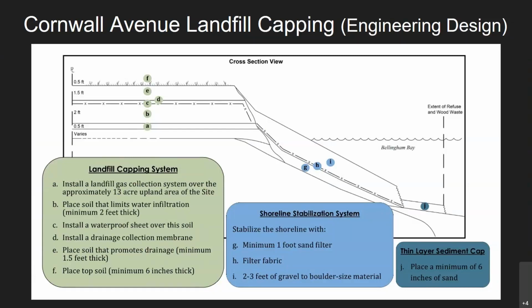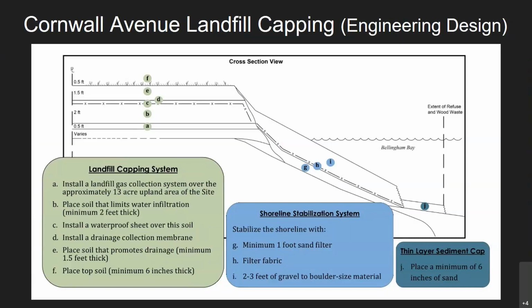And it basically involves a series of engineered lifts over the waste, including soil, an impermeable barrier layer, a drainage layer, and usually some sort of a leachate collection process. Very common, very conventional, and actually very effective if it's maintained.